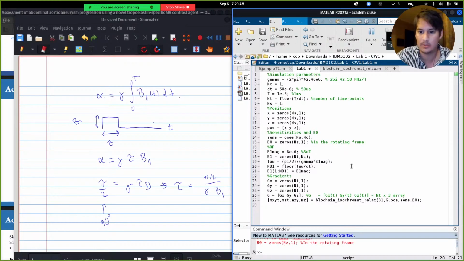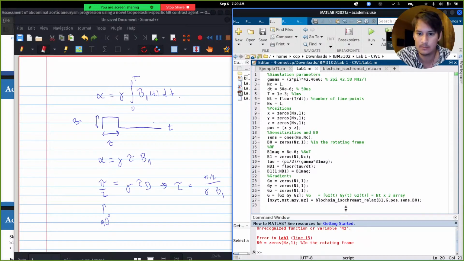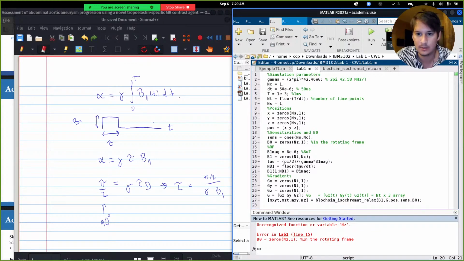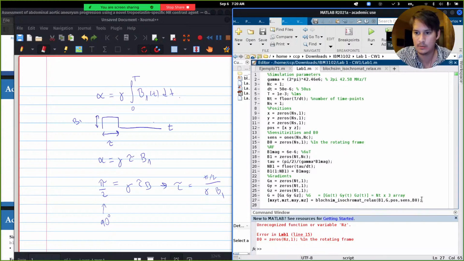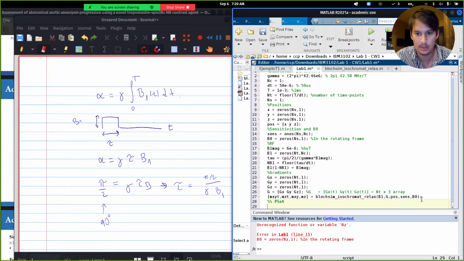Okay, what happens if we run this? I think we have already simulated. Let me see if I can plot it. Plot figure 1.